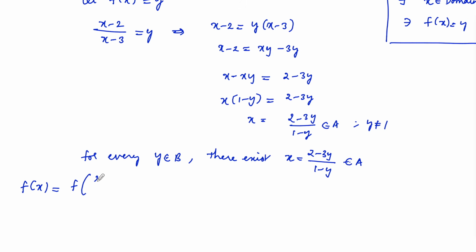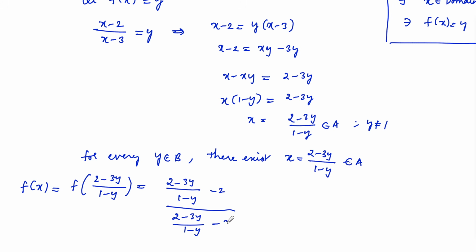Consider f of x, which is equal to f of (2 minus 3y) upon (1 minus y), which is equal to [(2 minus 3y) upon (1 minus y) minus 2] upon [(2 minus 3y) upon (1 minus y) minus 3], substituting in the function.